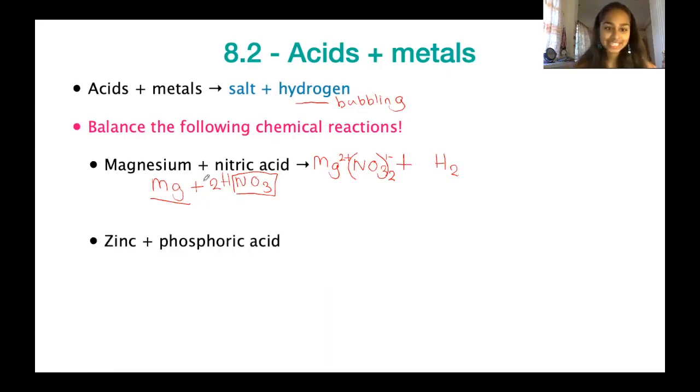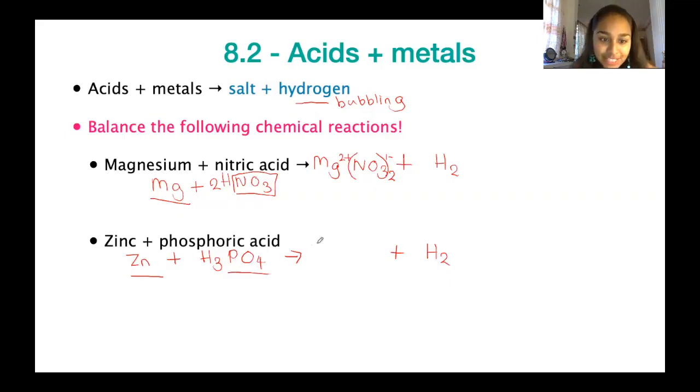Let's look at the second one. Now we've got zinc, which is Zn, and phosphoric acid, which is H3PO4. Again, we know that we're going to make salt and hydrogen, so I'm just going to put plus H2 there already. Remember, the salt is always composed of a metallic bit and a non-metallic bit.